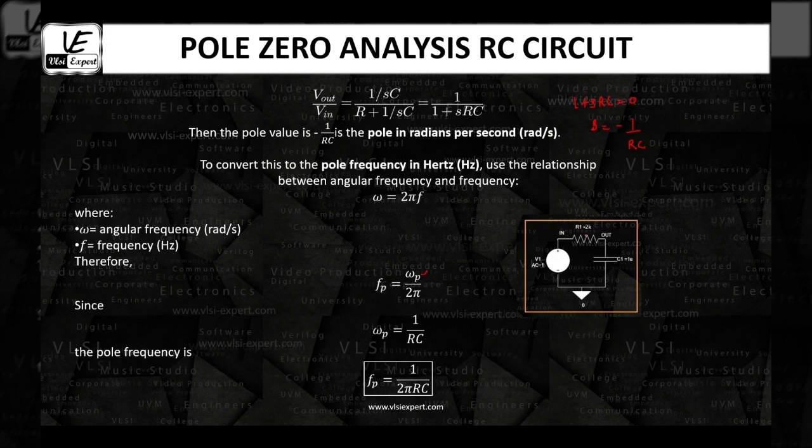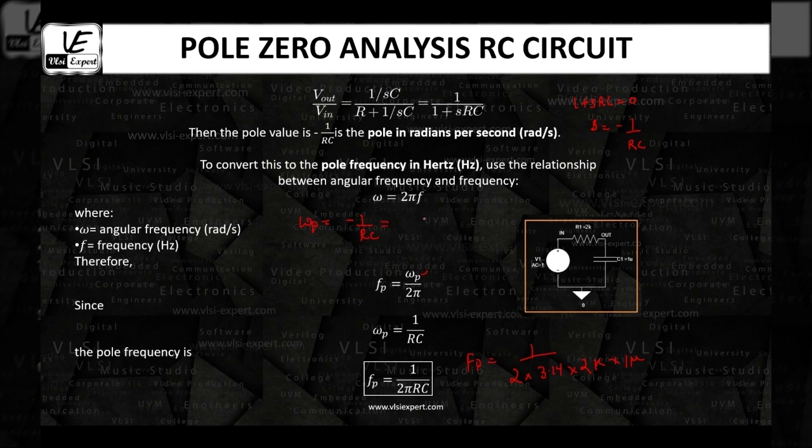Now, for the circuit which we have in hand, Fp is equal to 1 by 2 multiplied by pi, which is 3.14. Our R is 2 kilo ohm and our capacitor is 1 microfarad. If I simply find the pole omega p, that will be minus 1 by RC, which basically means we are on the left hand side.